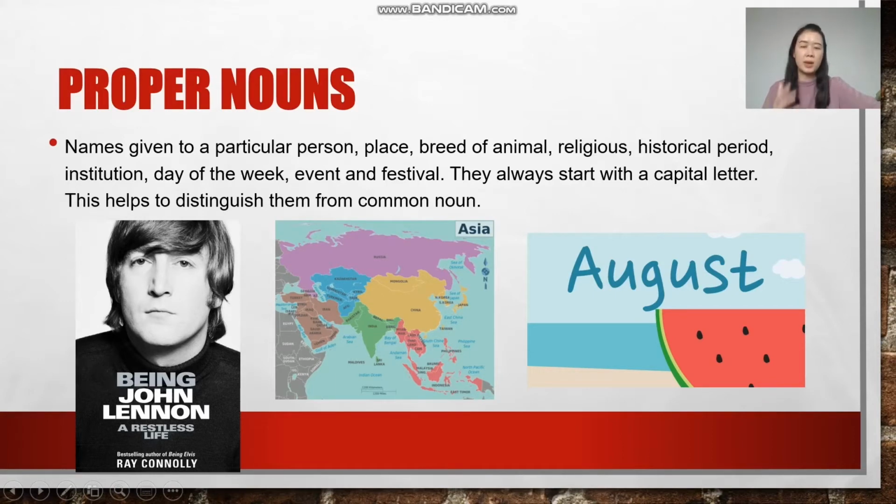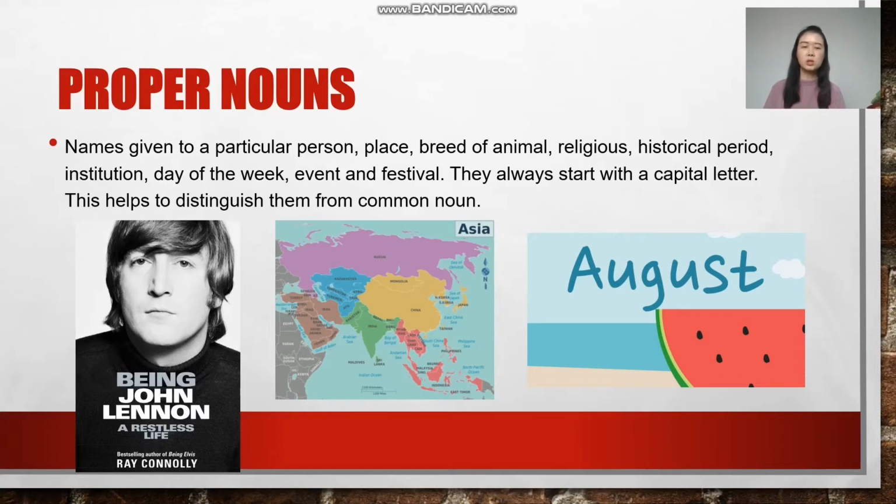It's special for someone, it's special for something. And they always start with a capital letter. This helps to distinguish them from common nouns. So when you are using a proper noun in a sentence, whether it's at the beginning, in the middle, or any position in the sentence, we need a capital letter.